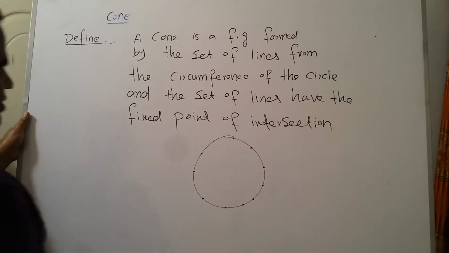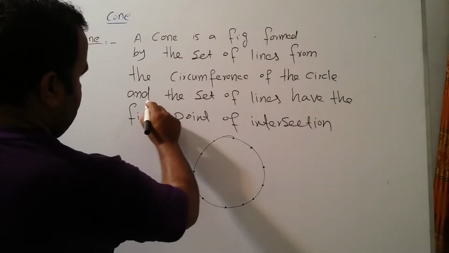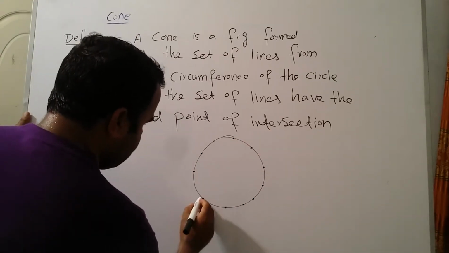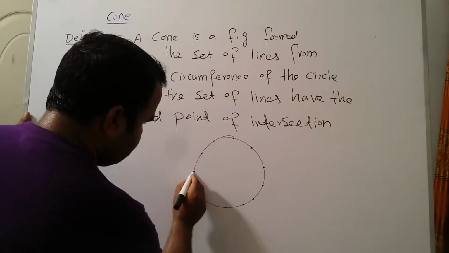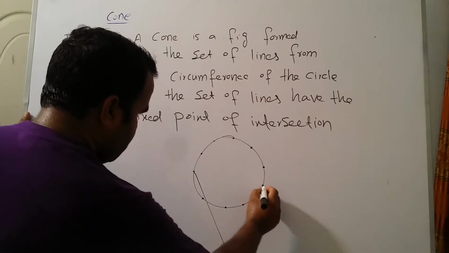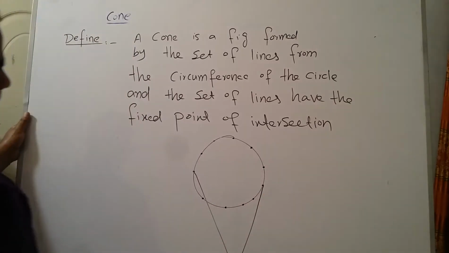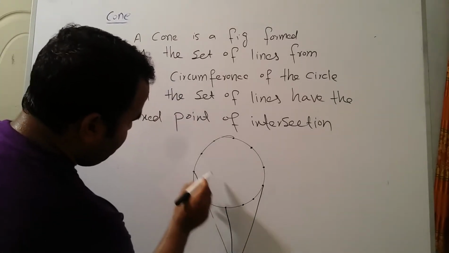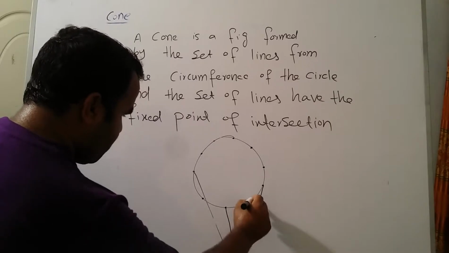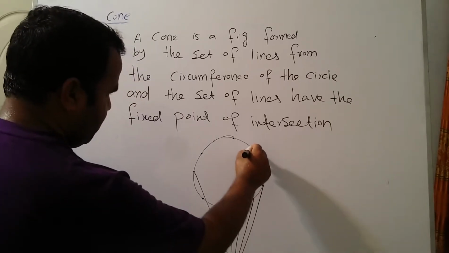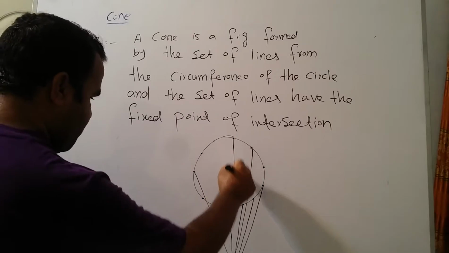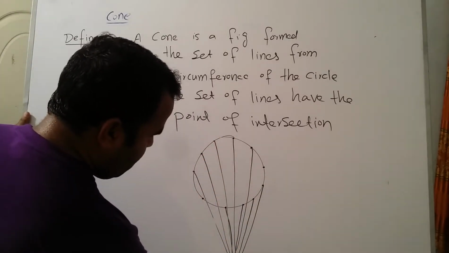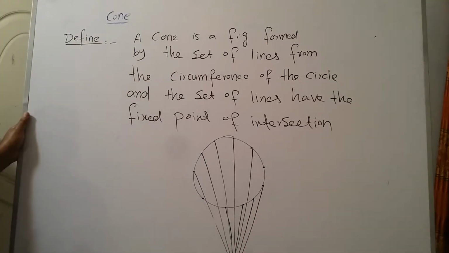I will draw the lines from these points, and the set of lines have the fixed point of intersection, the same point of intersection. This is a cone.